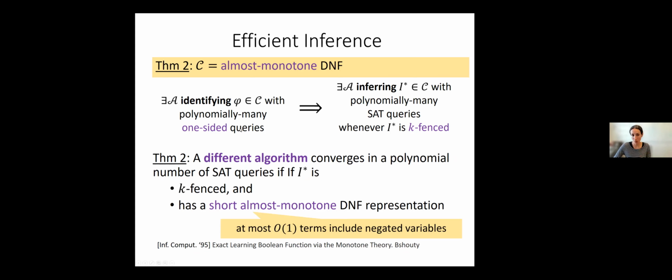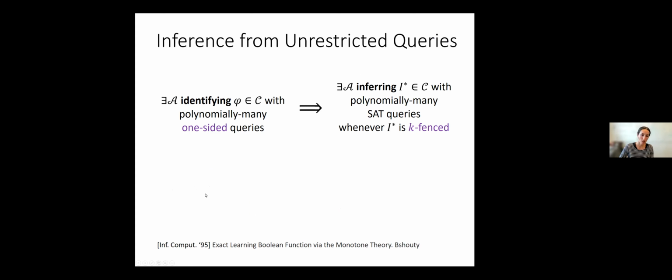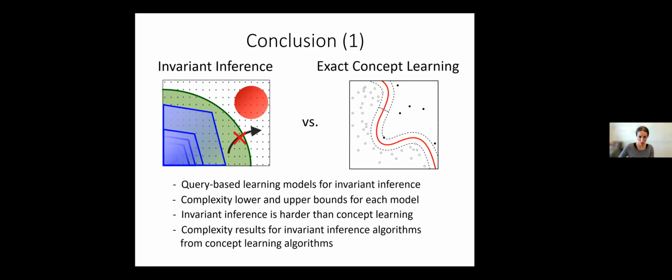And with the same transformation, we get an inference algorithm for such invariants. And this was not an algorithm that was known before in the context of invariant inference. And it also has a polynomial complexity if the invariant is k-fenced. And we also had some generalizations, but let me skip and just conclude.